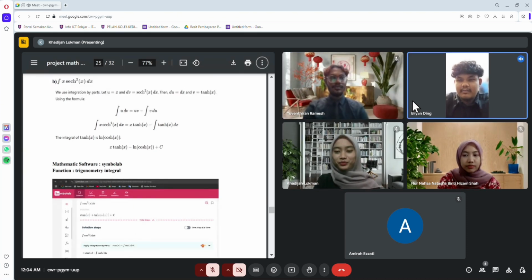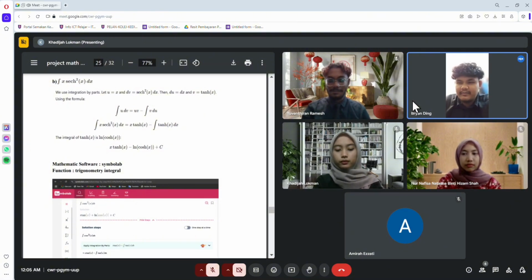So the second question, the method we're going to use is integration by parts. Step 1 is identify components for integration by parts. We need to let u equal x and dv is equal to sech squared of 2x dx. So the formula is integral of u dv is equal to uv minus integral of v du. The second step is differentiate and integrate.